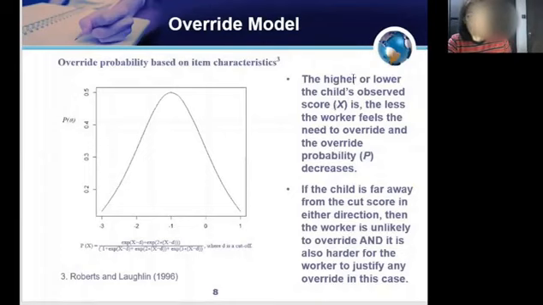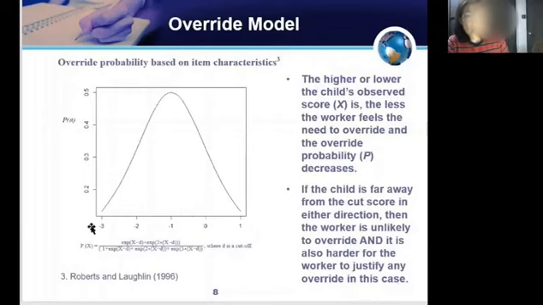So the higher or lower the child's observed behavior score is, the less the worker feels the need to override, and the override probability decreases. If the child is far away from the core score in either direction, either good or bad, then the worker is unlikely to override, and it is also harder for the worker to justify an override in this case.